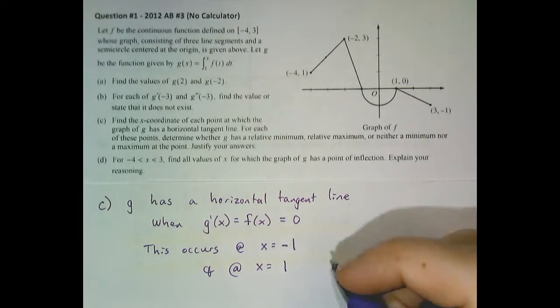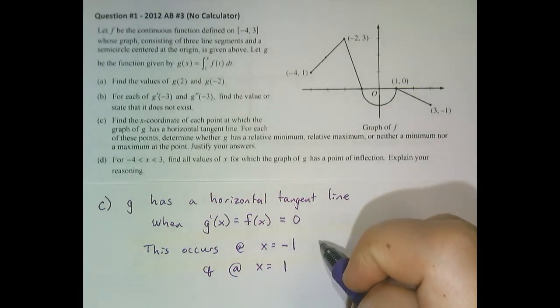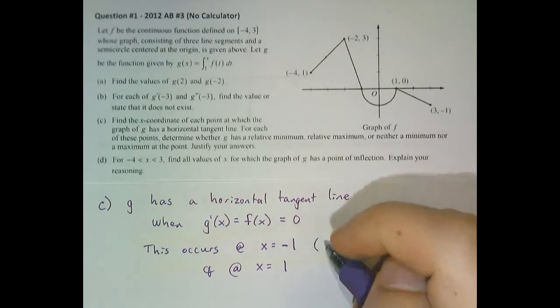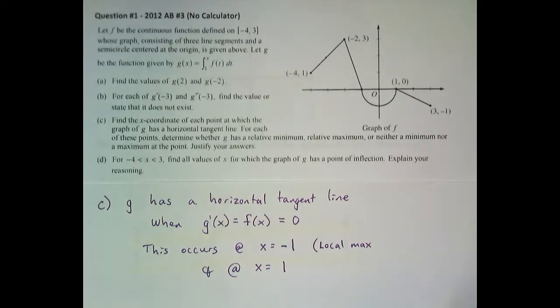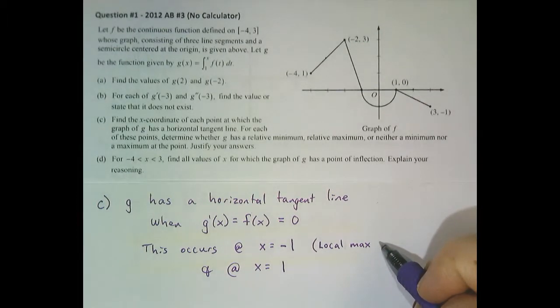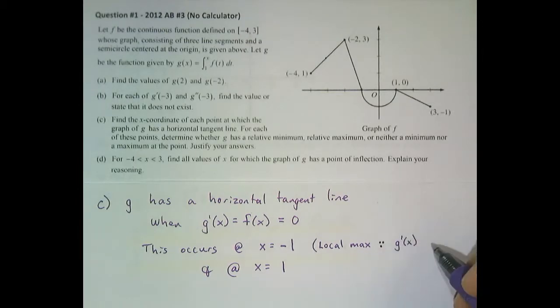So now we need to determine whether this is a max or a min or neither. So this is considered a local max because G prime of x changes from positive to negative.